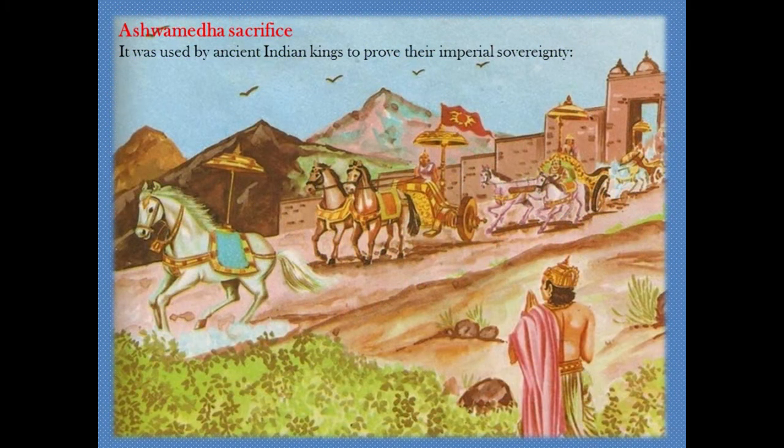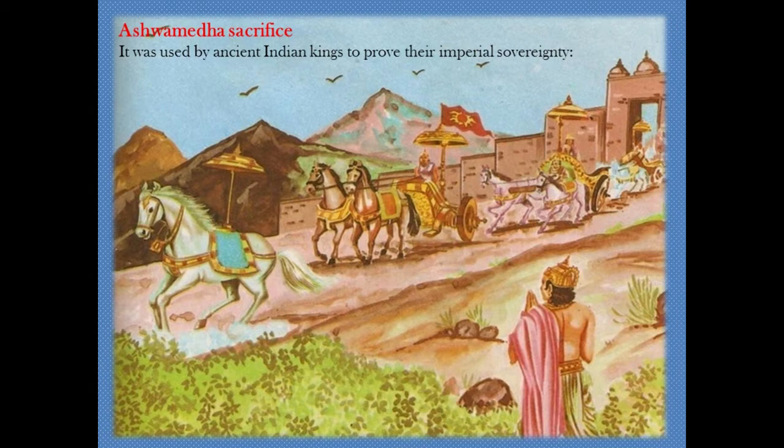Another sacrifice that took his position to a higher level was the Ashwamedha Sacrifice. During the ancient period in India, many rulers performed this Ashwamedha sacrifice. This was to enhance their imperialism and sovereignty.